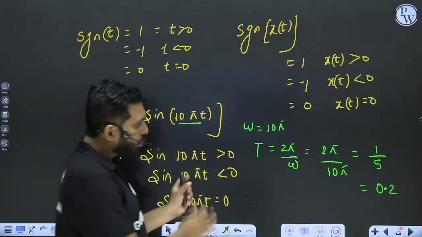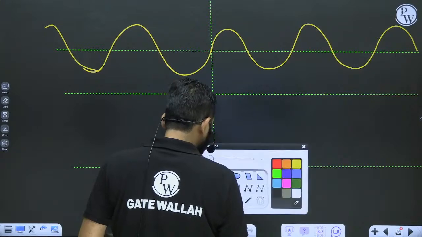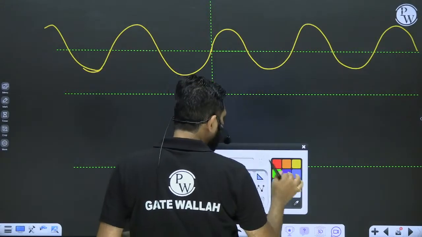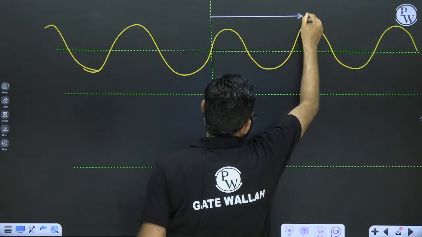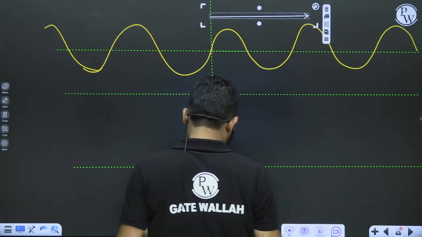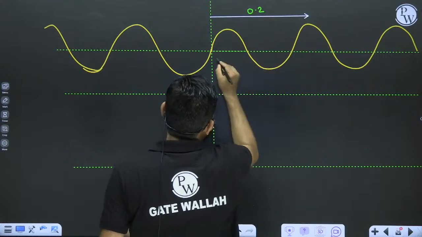So the total time period is 0.2. From here to here, the time period is 0.2. This means that this should be 0.1.